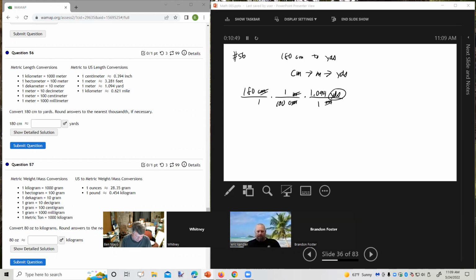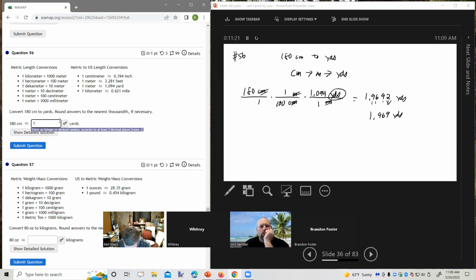So I've got 180 times 1.094 divided by 100, which is 1.9692 yards. Rounding to the nearest thousandth, the 2 would round down, so 1.969 yards.